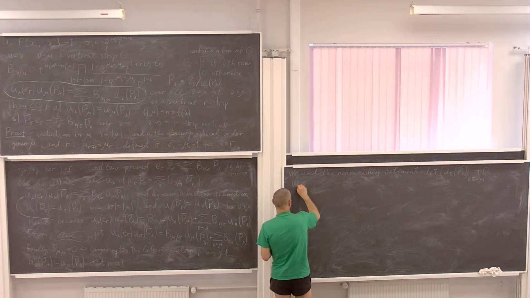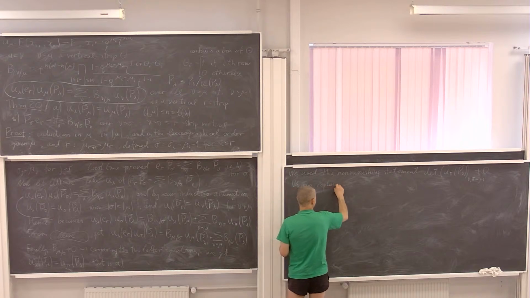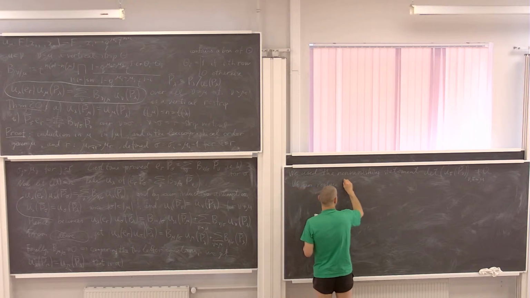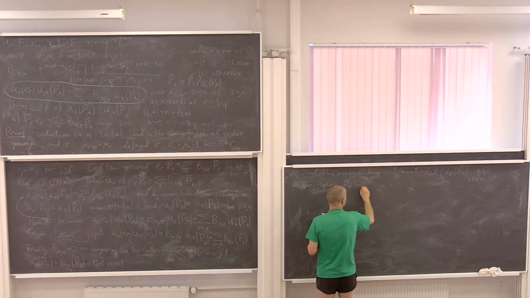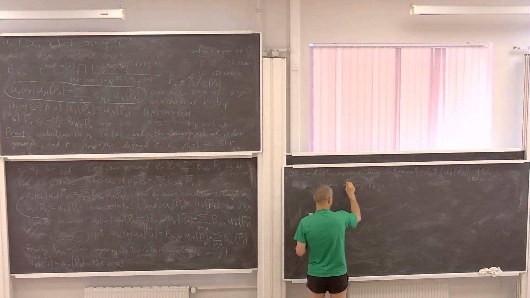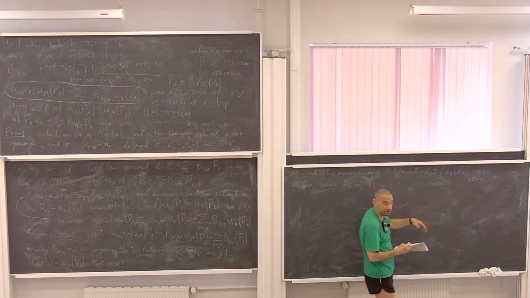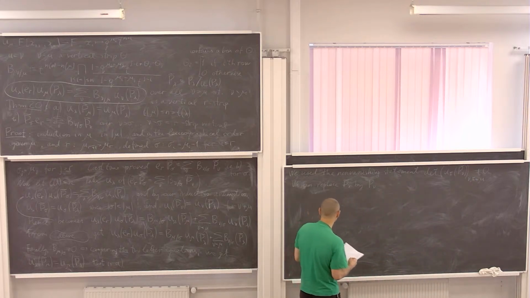So we can replace p nu tilde by p nu. Well, this will just multiply our determinant by the product of certain non-vanishing factors.